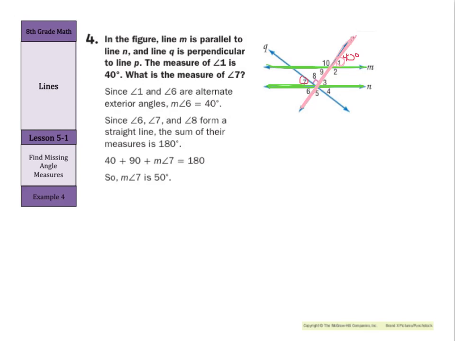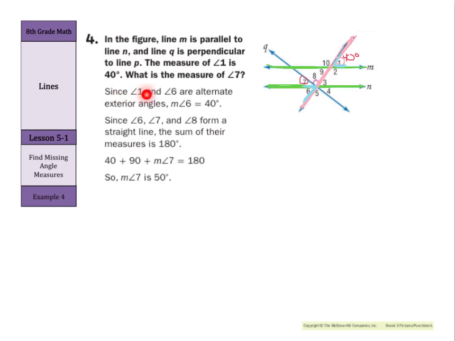But if you look, we have angle 1 right here, and we have angle 6 down here. These are alternate exterior angles, on opposite sides of this transversal. One's on the right side and one's on the left side.